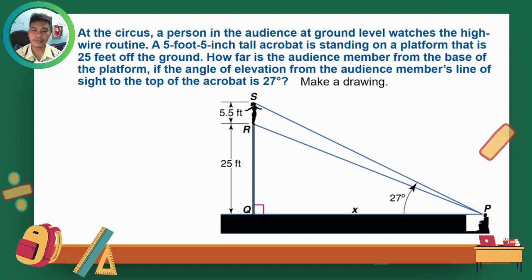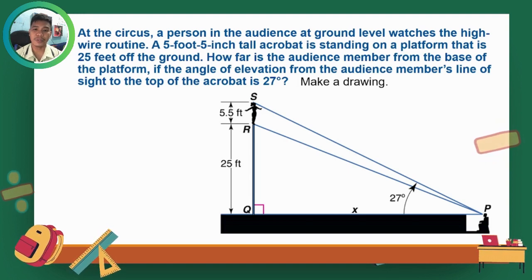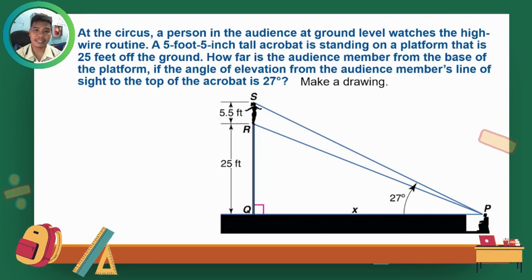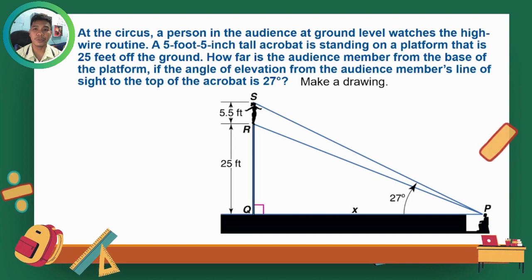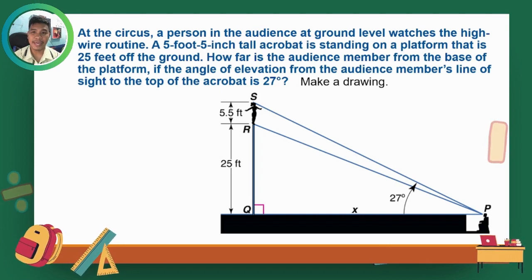And opposite to it is the side QR plus a 5 foot 5 inch tall acrobat, which is the side QS. What do you think is the trigonometric function that could help us to find the base of the platform? Are you ready for the presentation?